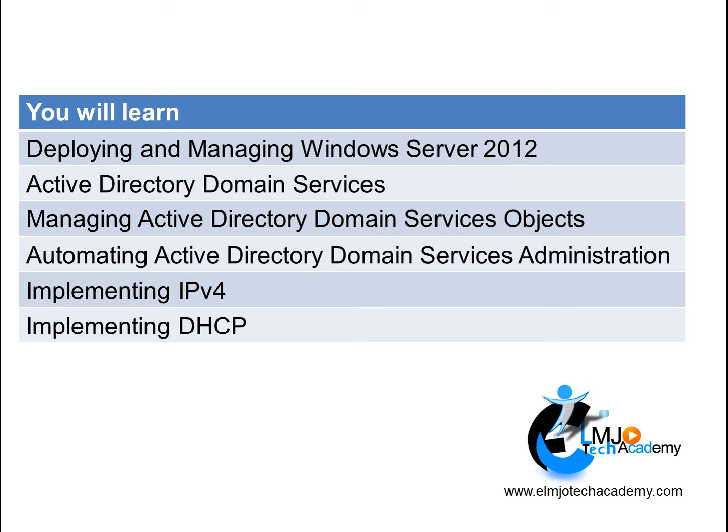Implementing DHCP, Dynamic Host Configuration Protocol, is another part of the exam. We will see the best practices as well. Whenever we assign IP addresses, there are two ways: you assign IP addresses manually or automatically. Manually, you just do it on your own. Automatically, you need to use DHCP.